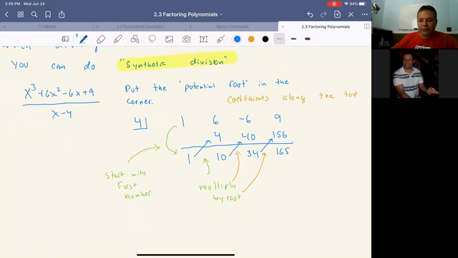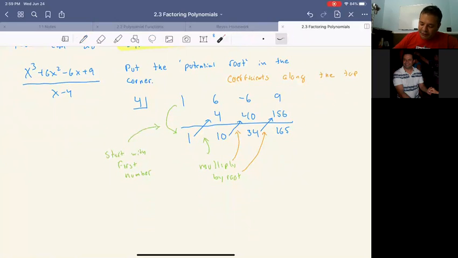Now I want you to notice these coefficients. Our result is, I'm writing the 1 there because it shows up, 1 times x squared plus 10x plus 34 with a remainder of 165.